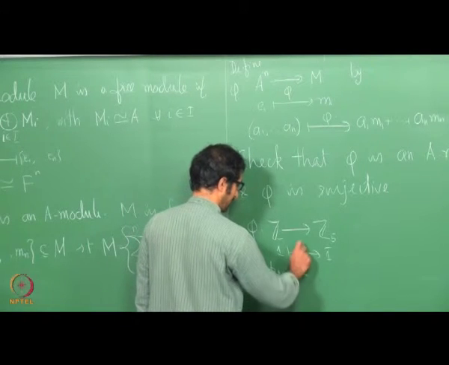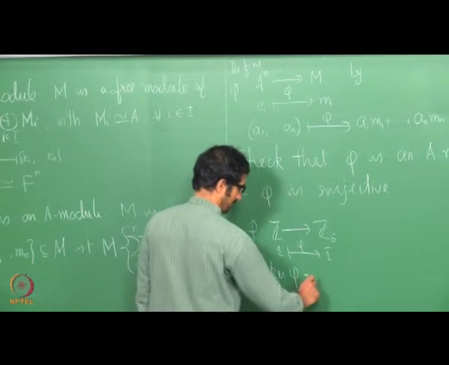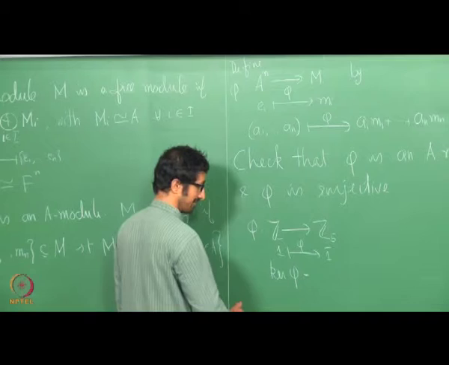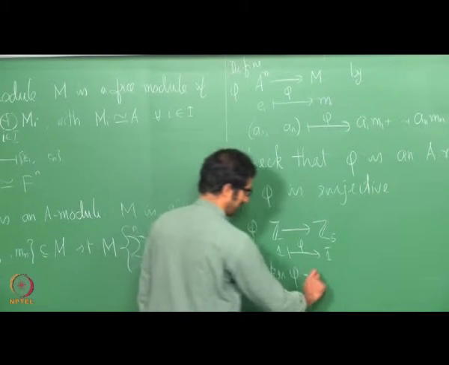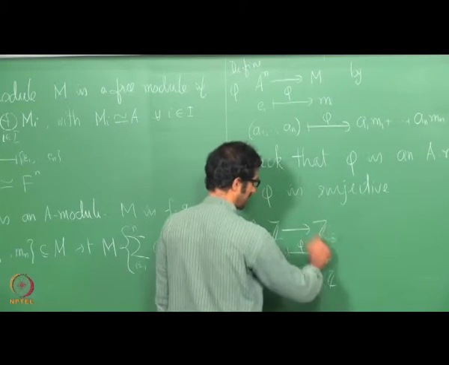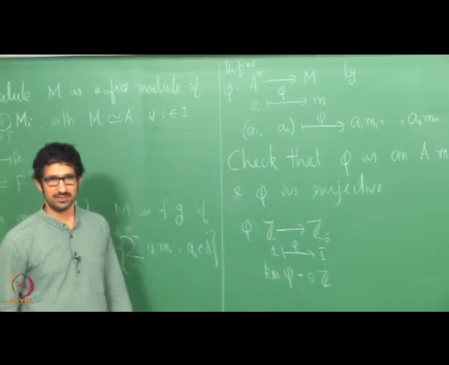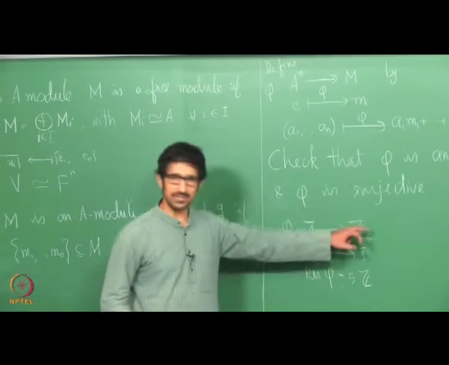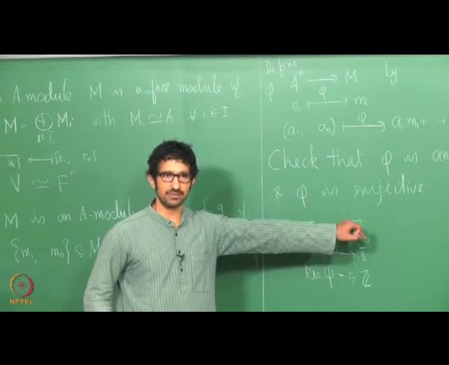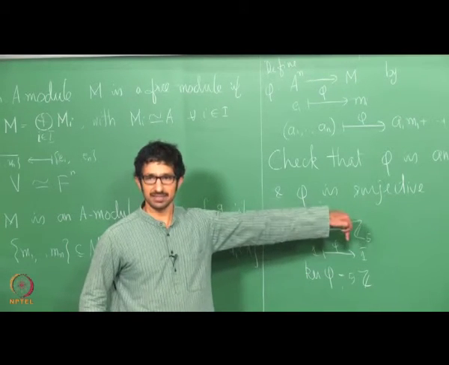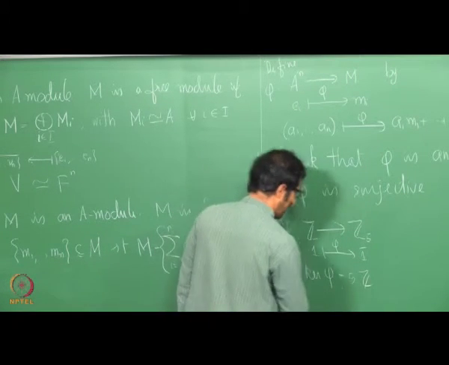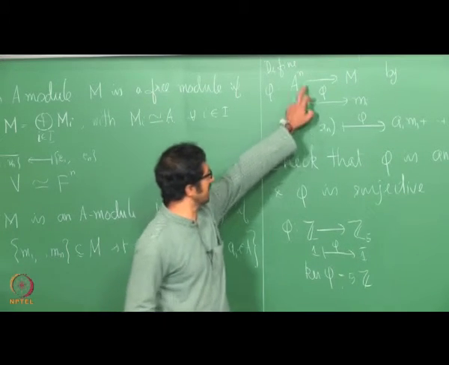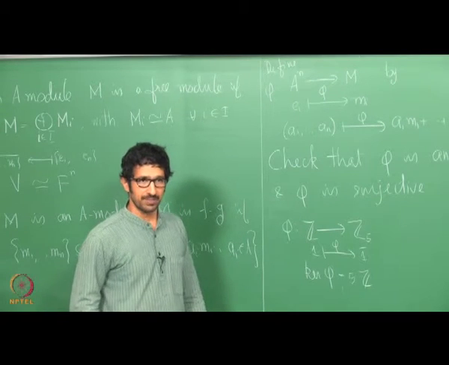What is kernel phi here? 5Z, right? This is Z mod 5Z. This is a natural map from A to A mod I. The kernel of the natural map from A to A mod I is I. So therefore this has a kernel. So this in general need not be injective.